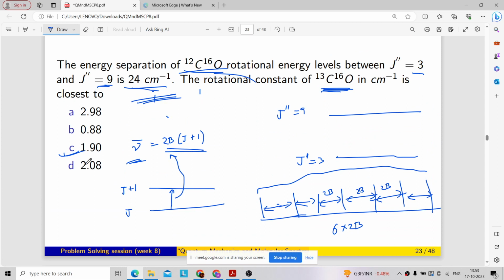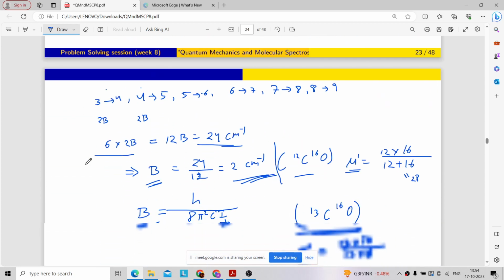Did you get this solution, or do you have any doubts? Okay, I guess you don't have any doubt.